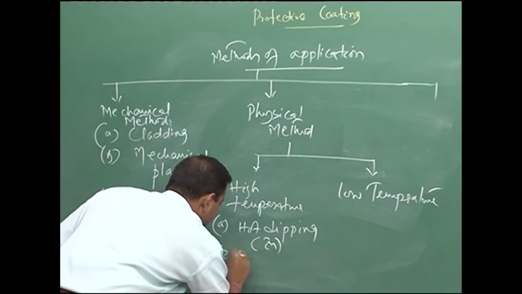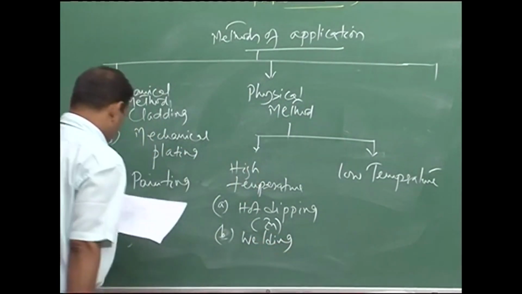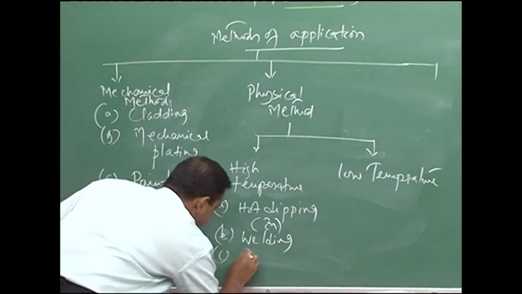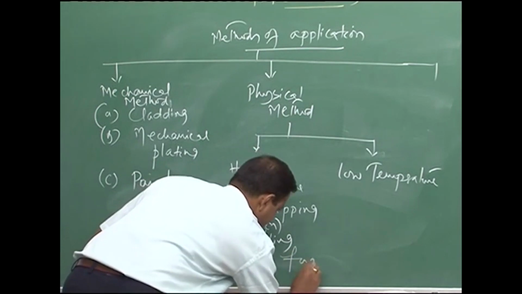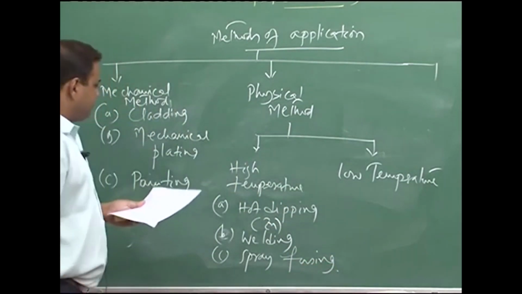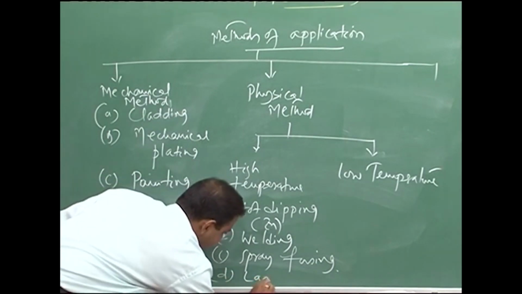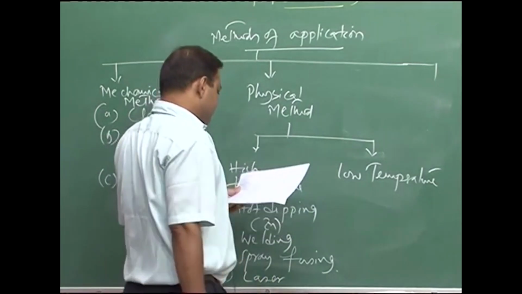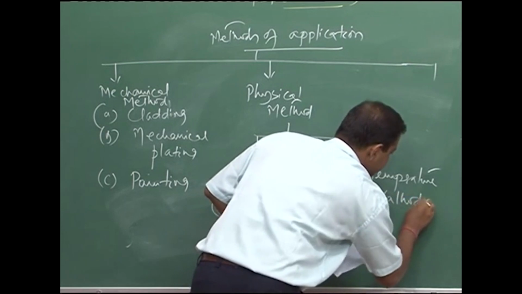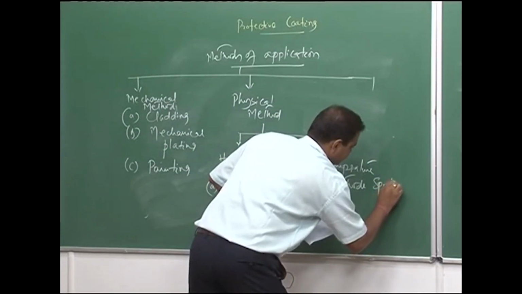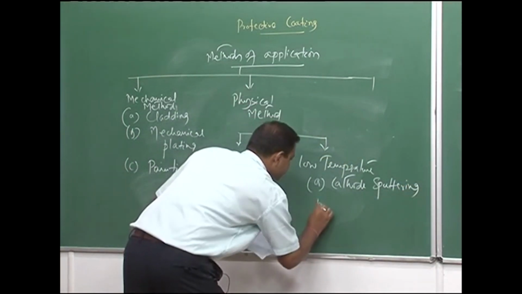Then we can have welding, spray fusing, or laser. Then in the low temperature process, we can have cathode sputtering, or metal spraying.